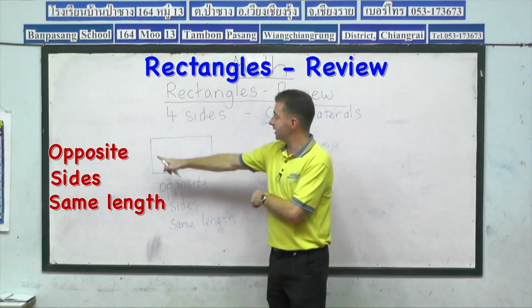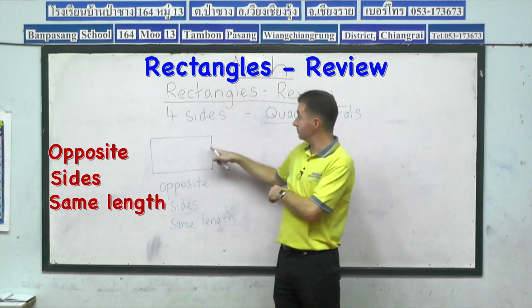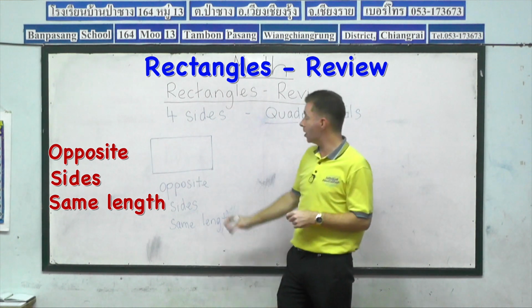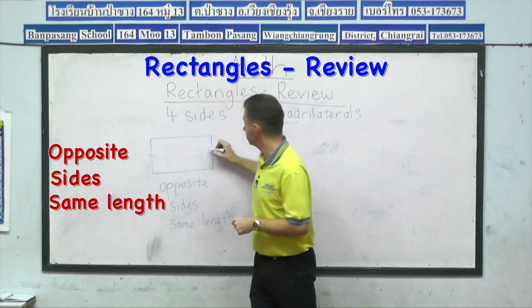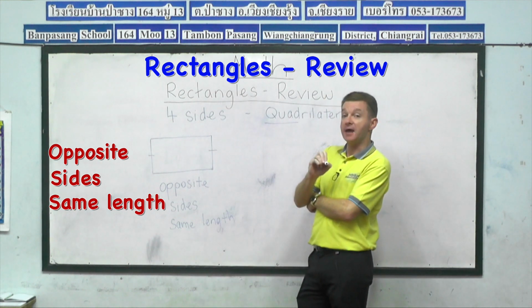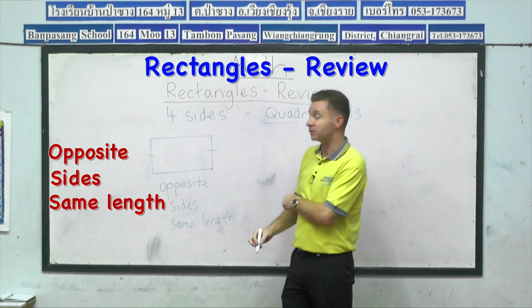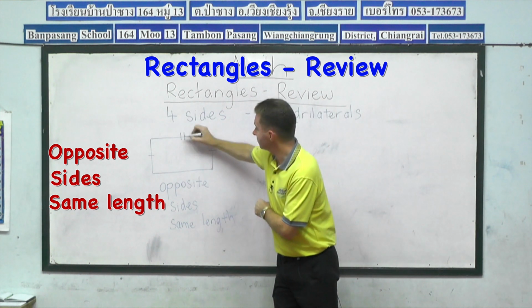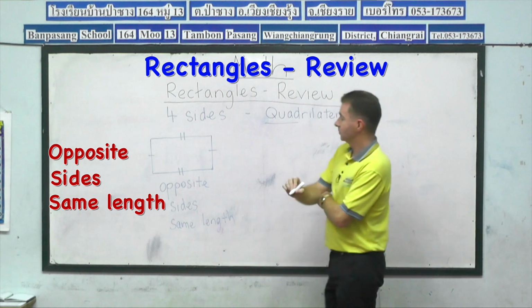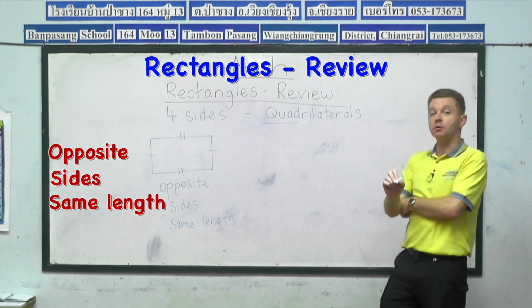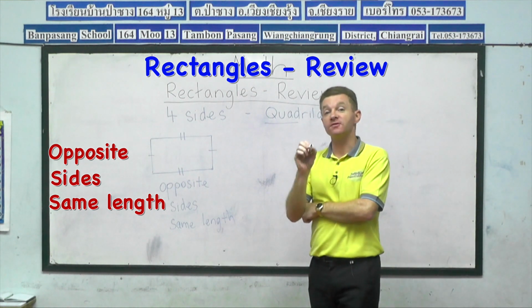We can see here that this side is the same length as this side, so we can mark them using a symbol, the same. And then we can do the same with these 2 sides that are opposite each other here. These are the same too. So with a standard rectangle, opposite sides are of the same length.